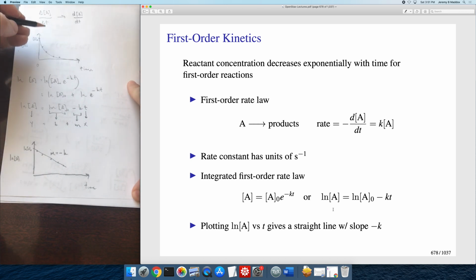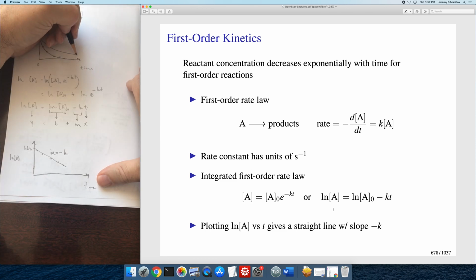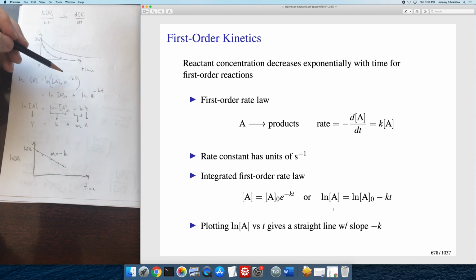Incidentally, if you were to compare two different first order reactions with different rate constants, let's say this would be the fast one, so this would have a large value of the rate constant. Here would be the curve for a reaction that had a smaller value of the rate constant. Okay, it would decay more slowly. So the value of the rate constant is very important in determining how quickly the concentration decreases.